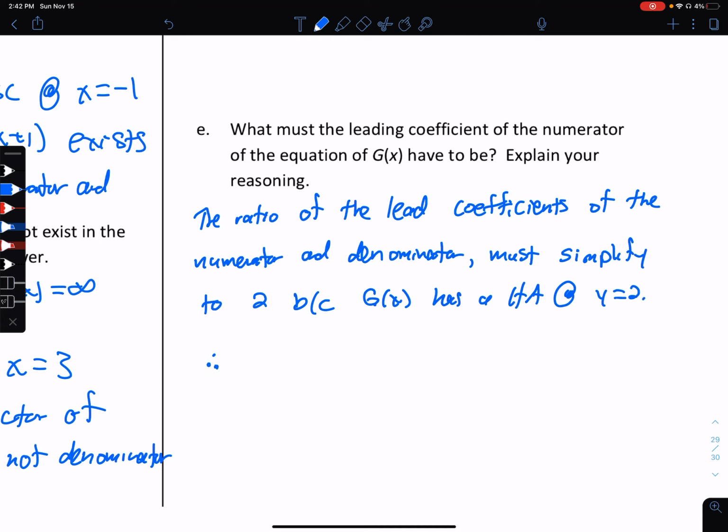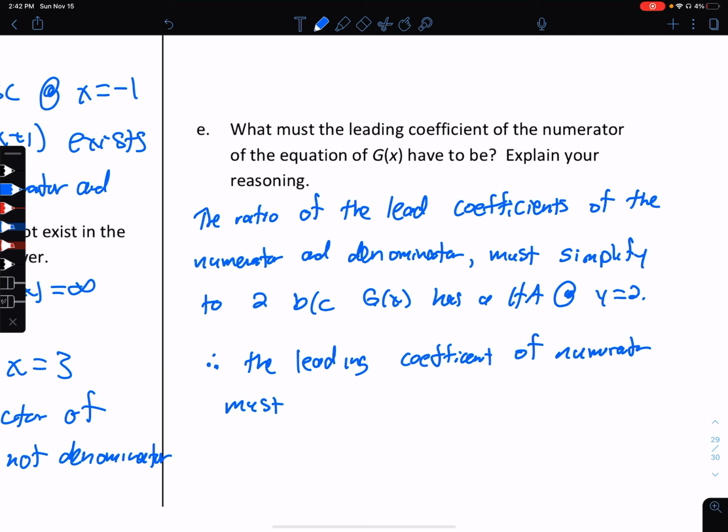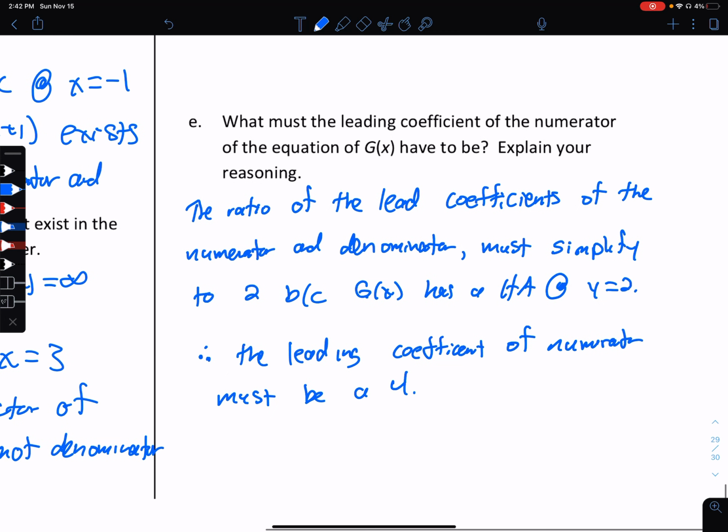Therefore, the leading coefficient of the numerator must be a 4. I don't think I made that incredibly clear.